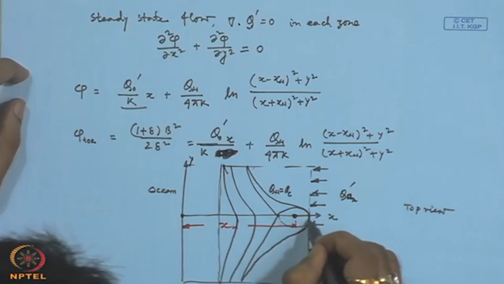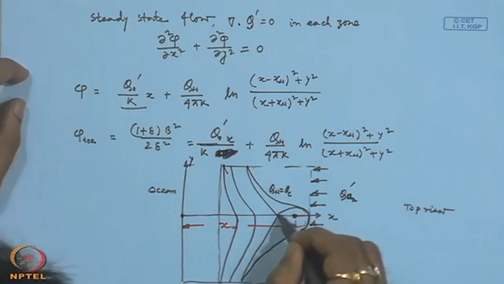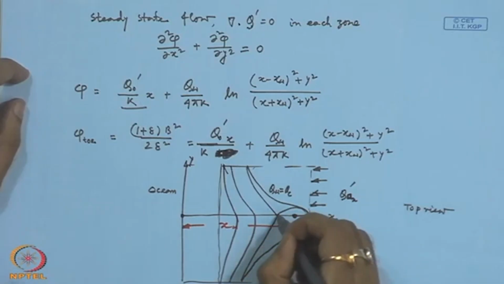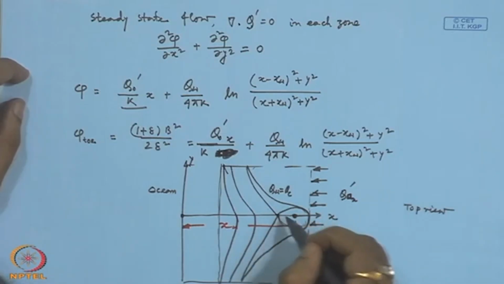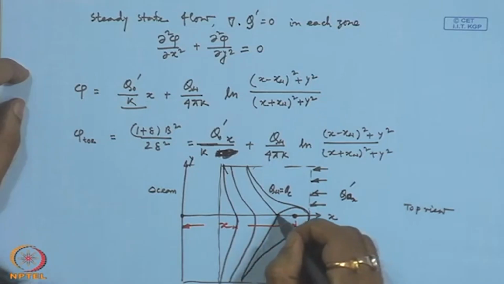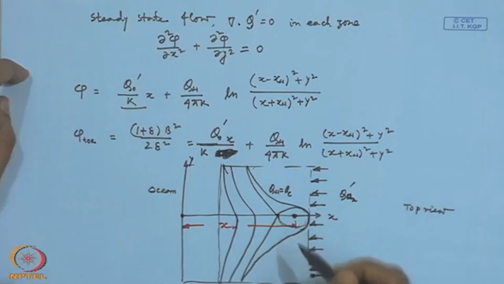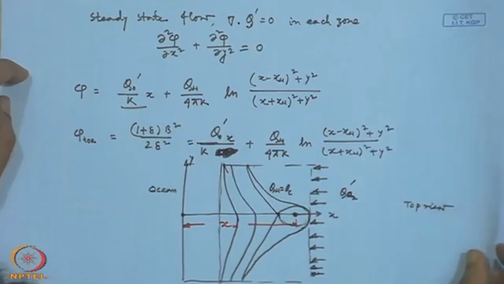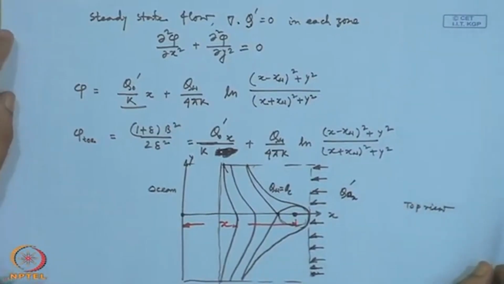This is the influence zone for pumping, and at this point it shows a zero flux situation, and it is called Q_C, or critical pumping.